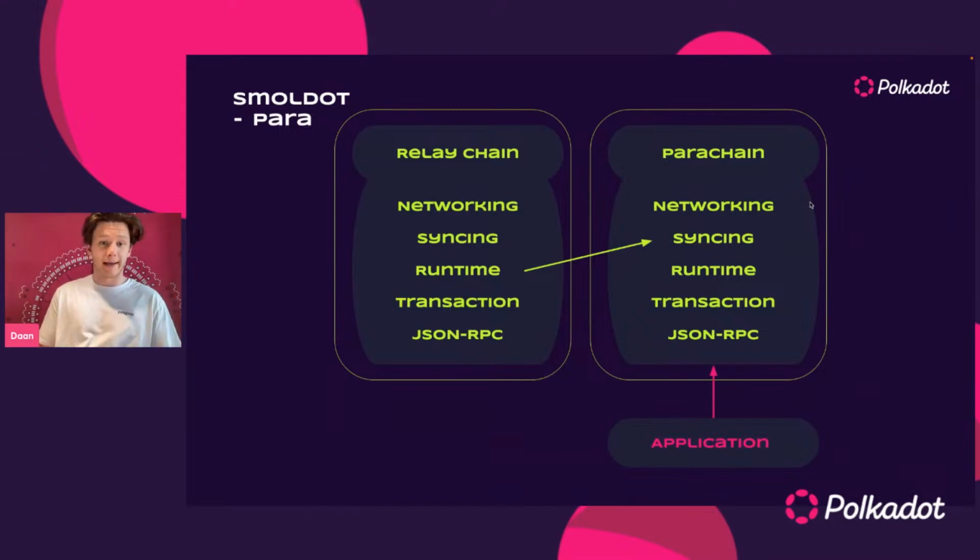This is also why a collator has a Polkadot validator client and a Polkadot node and a collator node within the entire code. So yeah, that is important to take away. And in order to synchronize, we need the runtime service of the relay chain.